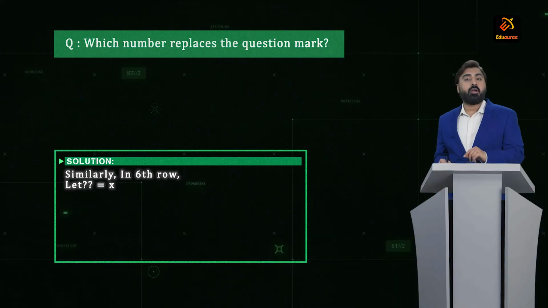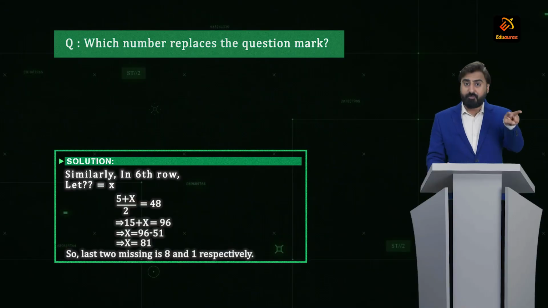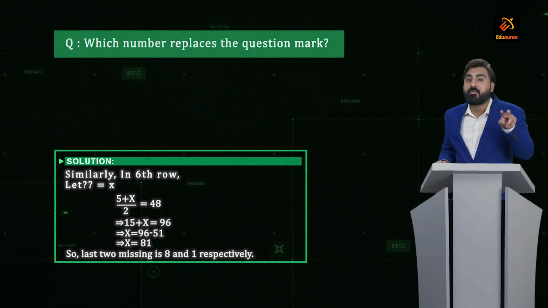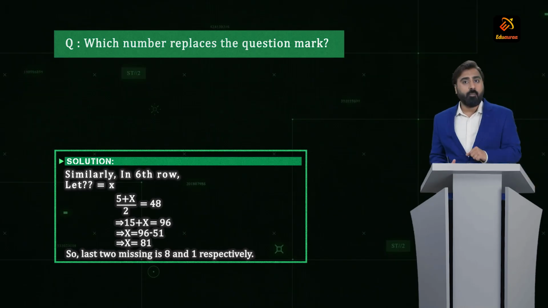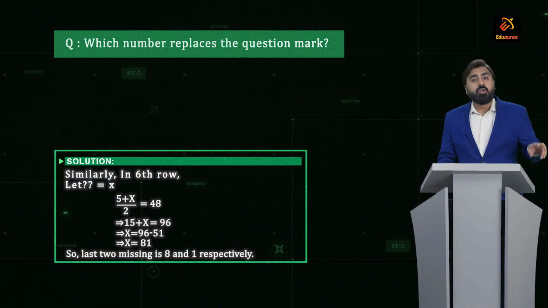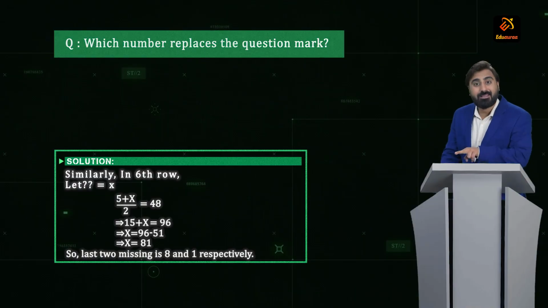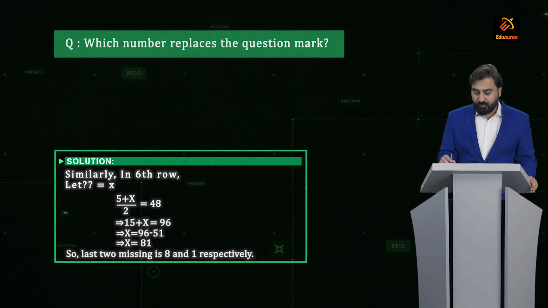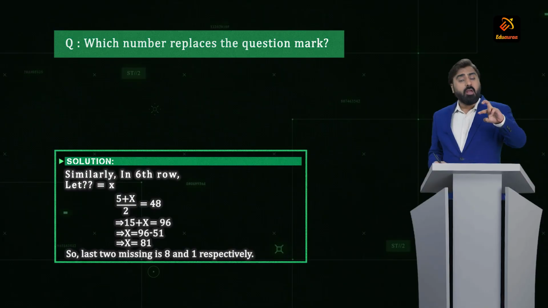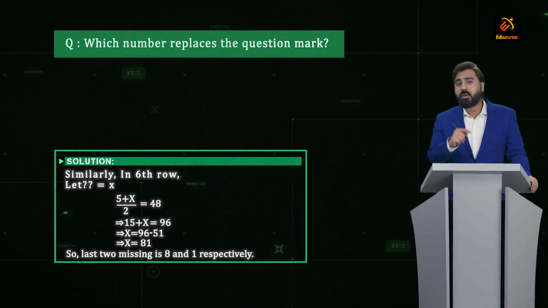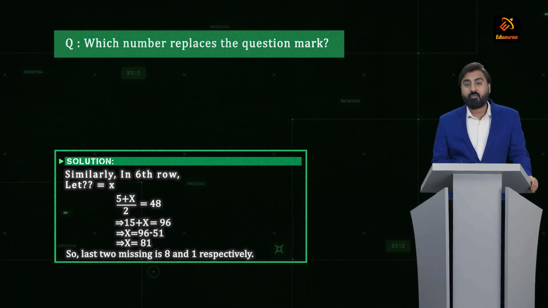Similarly, when we consider the last row, 15 plus unknown gives us 48. So how do we solve this? Let us consider the two unknown numbers as one single number. So 15 plus x is equal to double of 48, and double of 48 is nothing but 96.